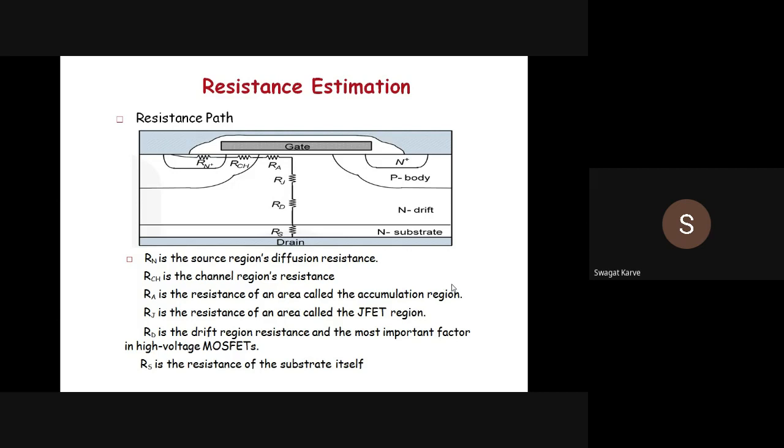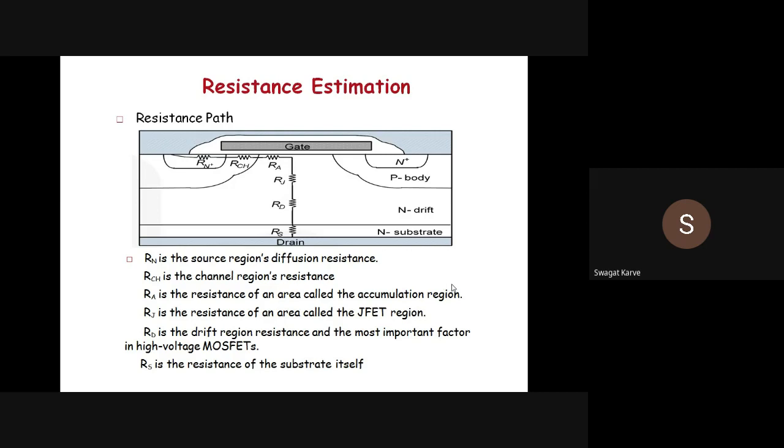So when you sum up all the different resistances offered between the drain to source path, you get the total resistance offered by the MOSFET, that is R on, or RDS, between the drain to source terminals, which is the same path where the current will also prefer to travel.